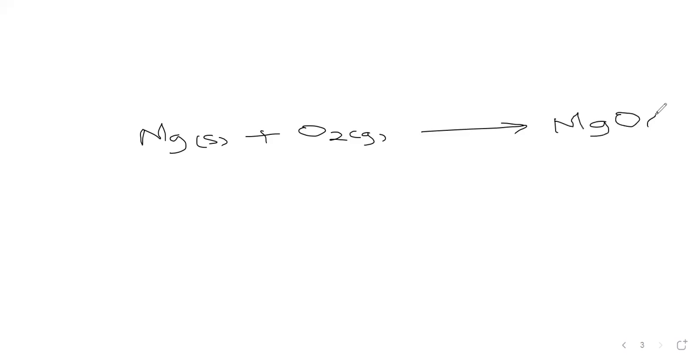When I have magnesium reacting with oxygen, the product formed for this kind of reaction is magnesium oxide. Now, I think we should balance this equation first of all by putting a 2 there and a 2 here.